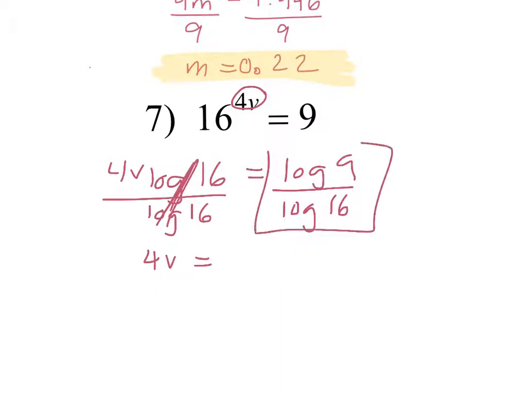And then I'm going to put this into the calculator. So I'm taking the log of 9, which is 0.95424, and then the log of 16, which is 1.20411. And now I divide.